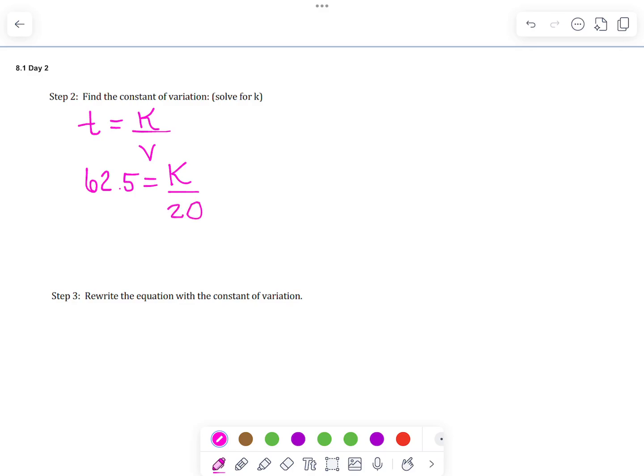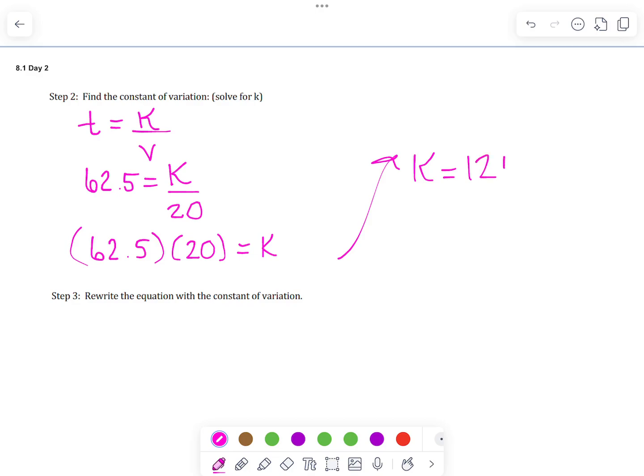And now we want to find out what k is. So we multiply both sides by 20. So k equals 1,250.